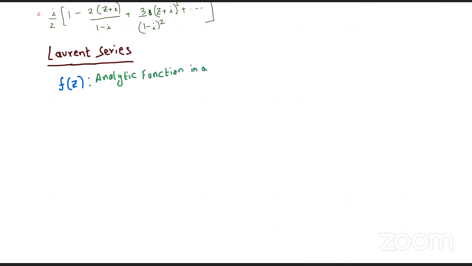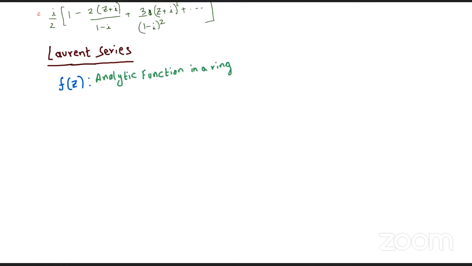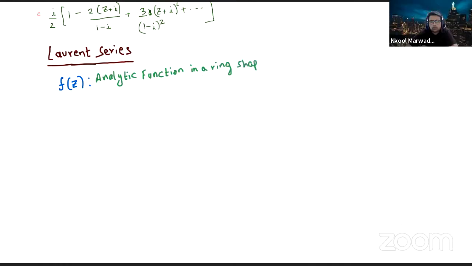Or I think Laurent series is easier than Taylor series. Yeah. So we have an f(z), which is an analytic function in a ring shaped region R. So we have a ring shaped region.